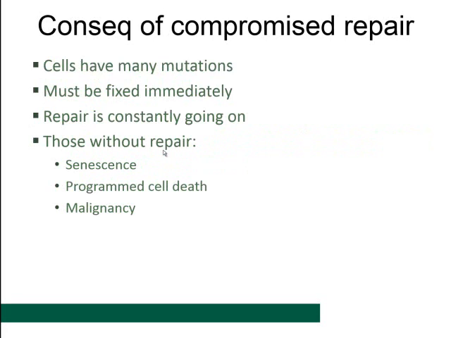Now, what are some of the consequences of a compromised repair system? Well, the cell will end up with many mutations, okay? Because as we know, as the cell continues to grow and replicate, the cell is going to have many, many mutations. Within a 24-hour period, there are a lot of mutations that occur.